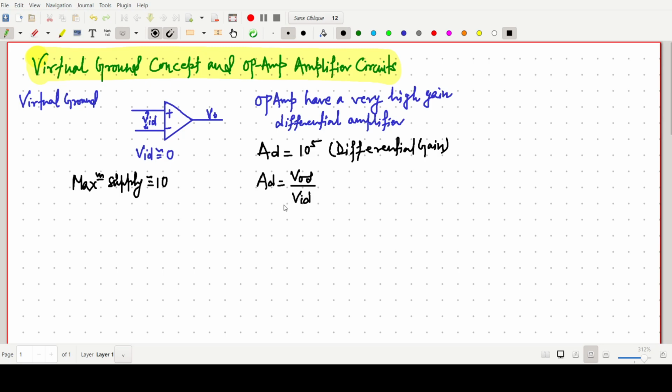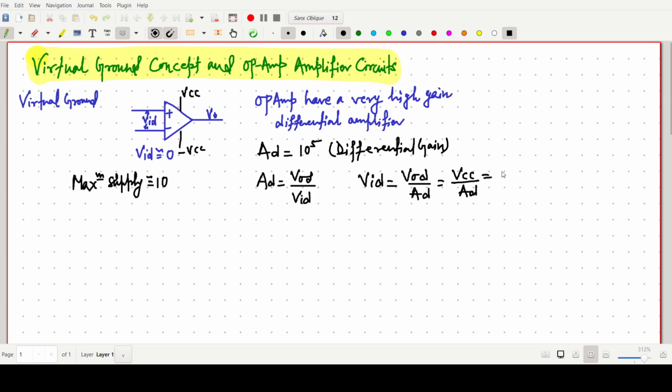So the minimum Vid value for this case will be what? Vod by Ad, where this Vod is a Vcc, the maximum supply. Okay, say this one is Vcc and this one is minus Vcc. Okay, clear? So in this case, Vcc by Ad.